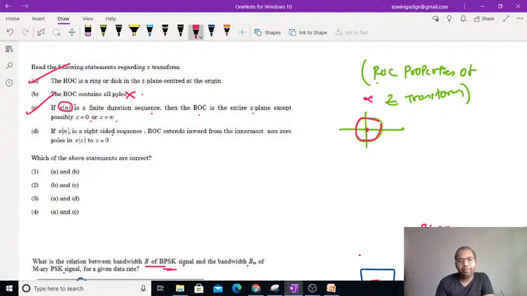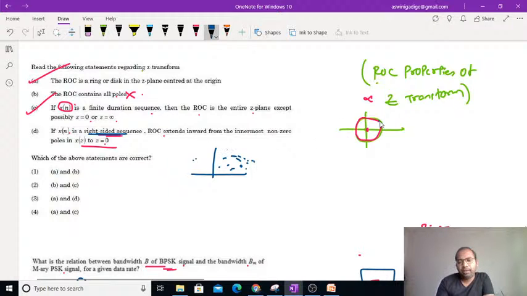Next, if x of n is a right-handed sequence, the ROC extends inward from the innermost non-zero pole in X of z to 0. That means he is saying that if x of n is a right-handed sequence, meaning a causal signal, all the signal will be on the right-hand side, nothing on the left-hand side.